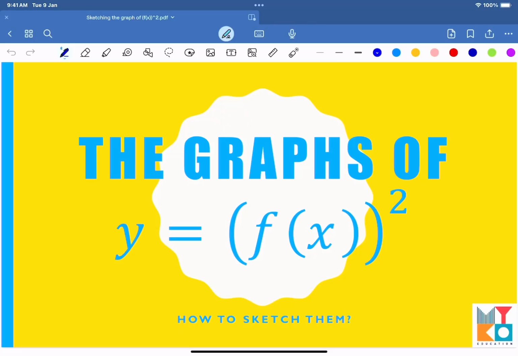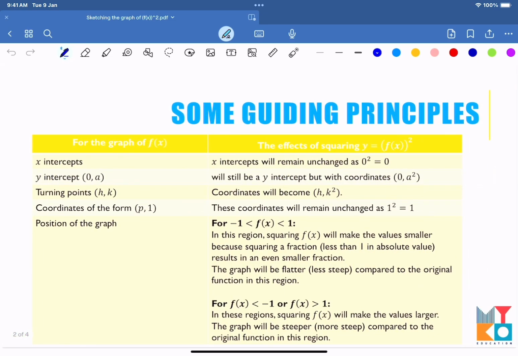We are looking at how to sketch the graph of the square of f of x when we are given f of x today. Now, some of the properties of the graph of f of x and how they affect the squaring of that function. First, we look at the x-intercepts.